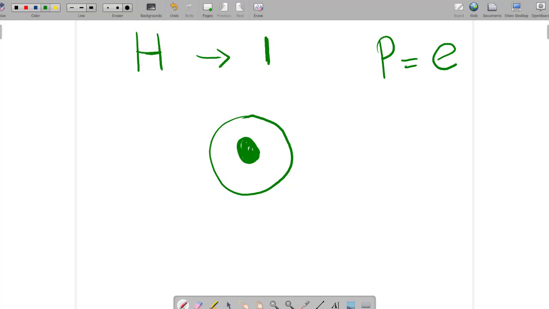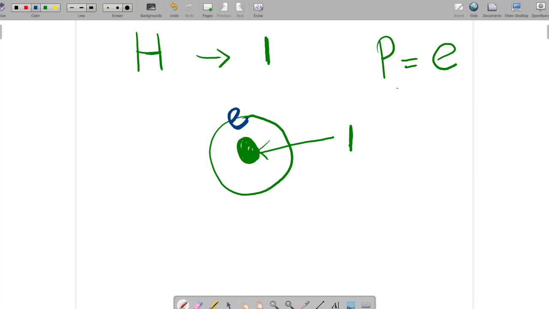Hydrogen is in the first place, so the number of protons is 1. If so, how many electrons are there? The number of protons equals the number of electrons in the neutral state, so of course there is only one electron.